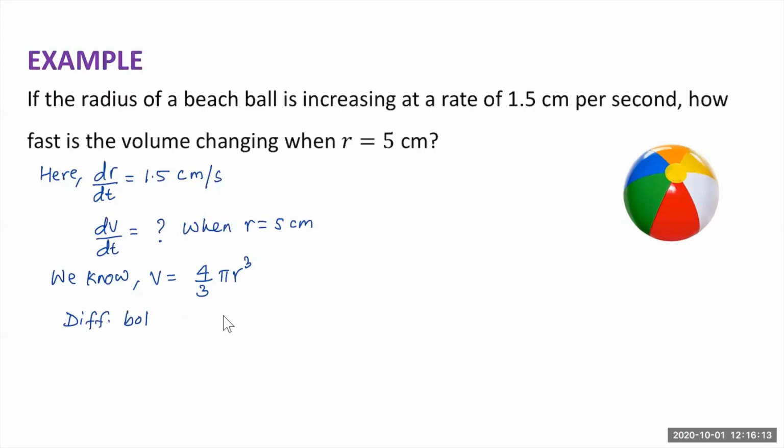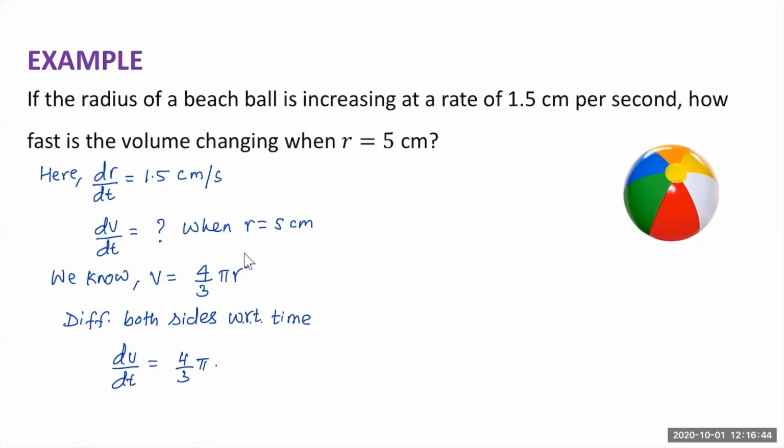Differentiating both sides with respect to time. What do we get? If we differentiate the left-hand side, change in volume with respect to time, dV over dt is equal to 4 over 3 pi, that is the constant multiple, multiplied by the derivative of r cubed with respect to time.